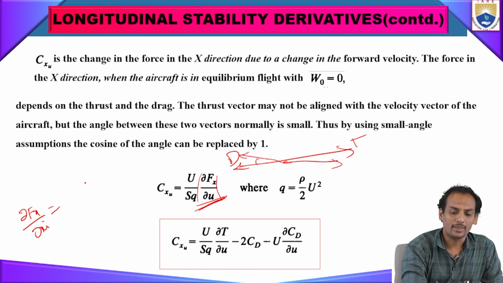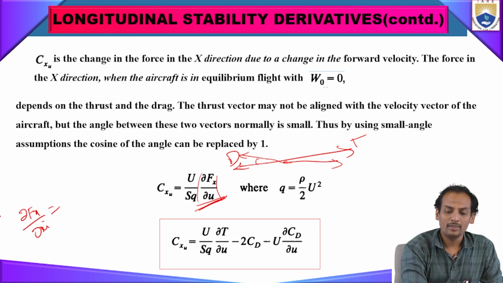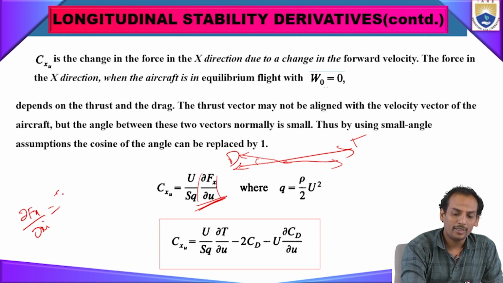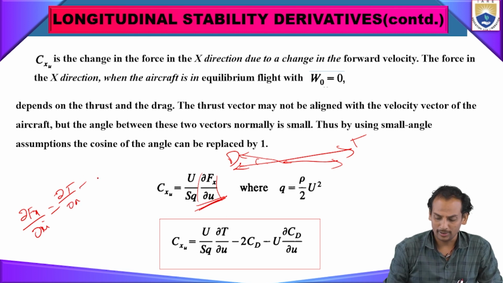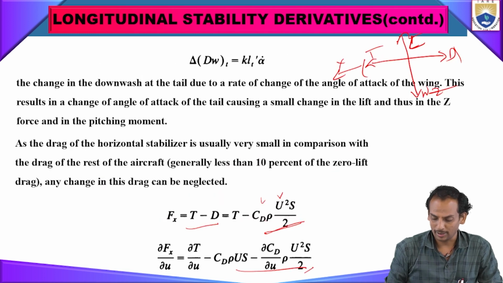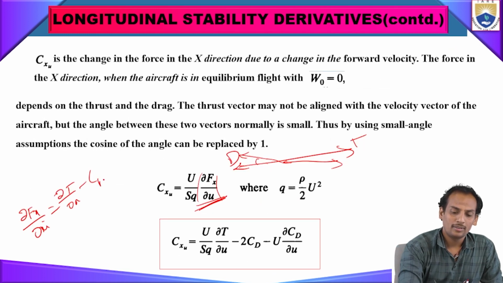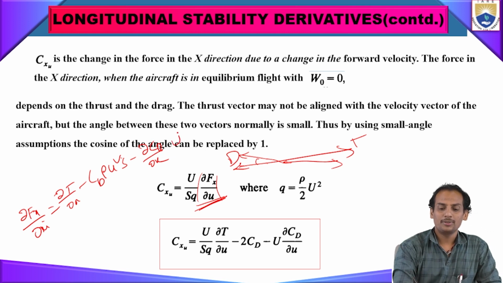That will be ∂T/∂u minus CD ρ u² S minus ∂CD/∂u into u. That we have directly given here.